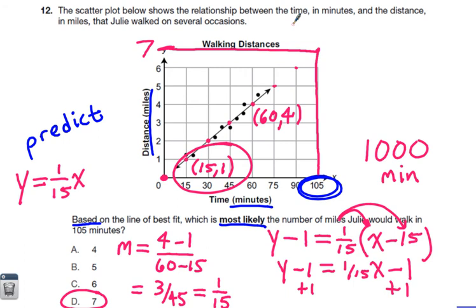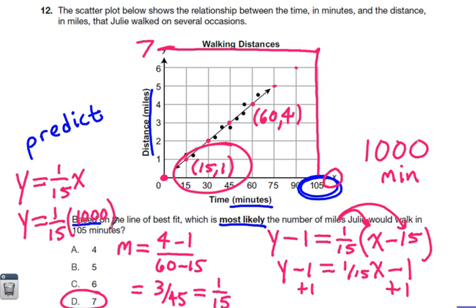And if we wanted to figure out any number of minutes now, whether it's 105 or 106 or 90 or even something crazy like 1,000 minutes, since the number of minutes is basically your x value, I could literally replace the x and plug in 1,000 for x. So y equals 1/15 times 1,000, if that was the case.